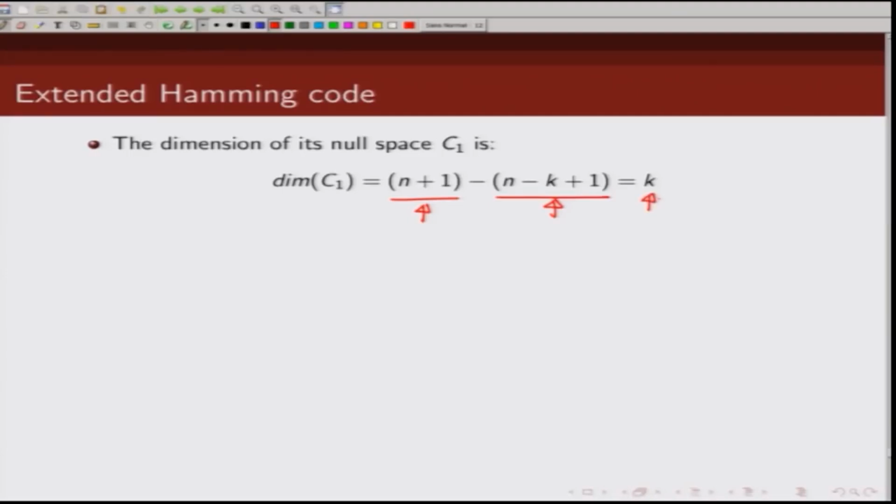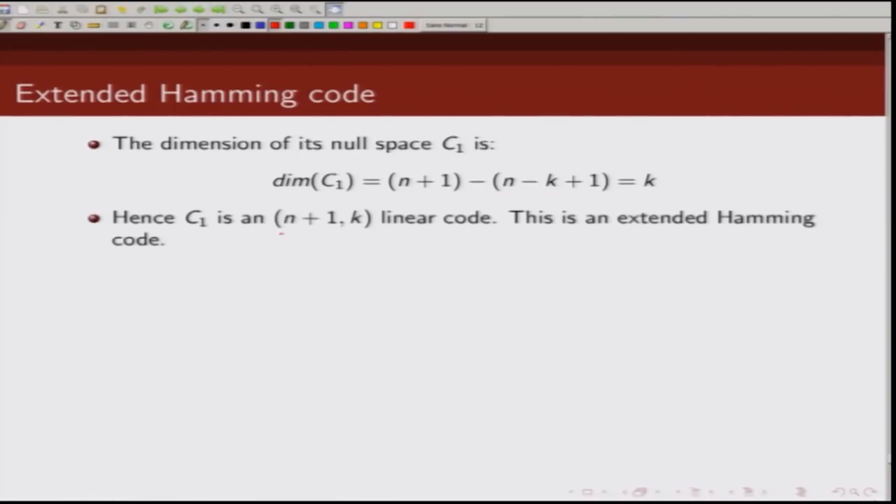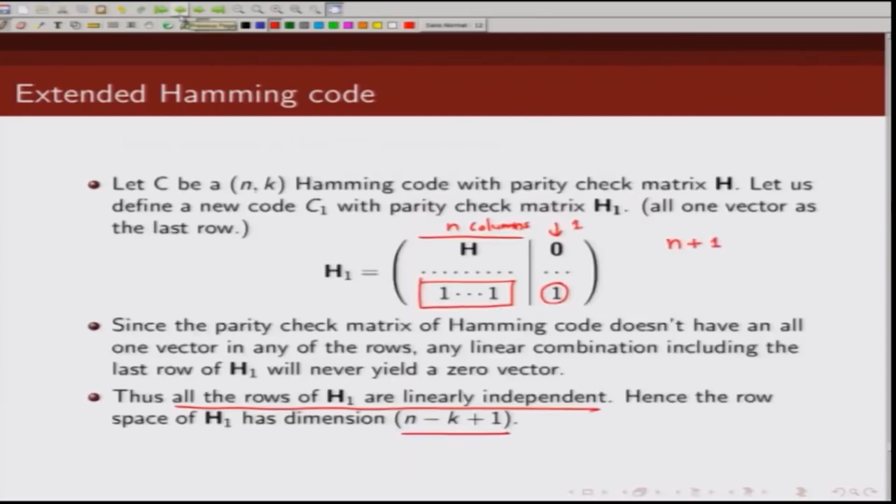So, this will generate an n plus 1, k linear block code, and this is known as an extension code or extended Hamming code. If H is a parity check matrix of a Hamming code, the code described by H1, which is given by this, would be the extended Hamming code.